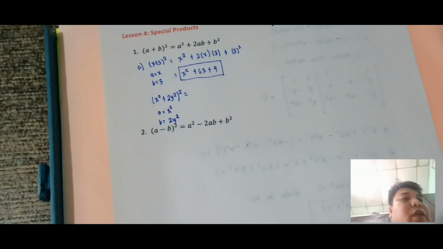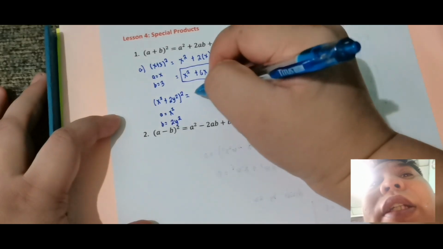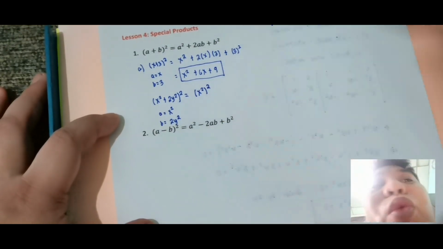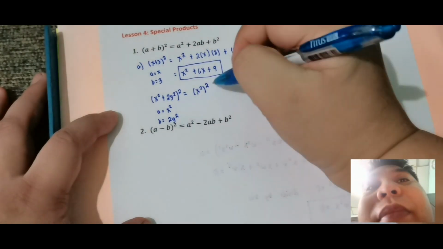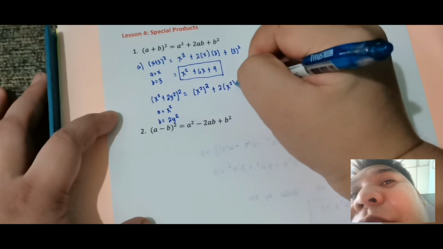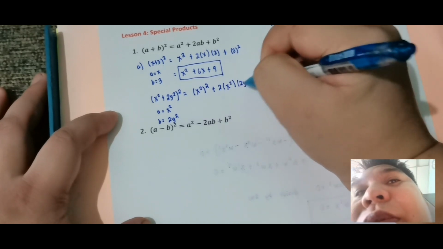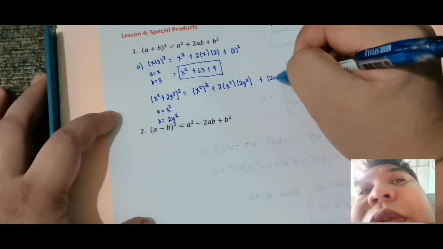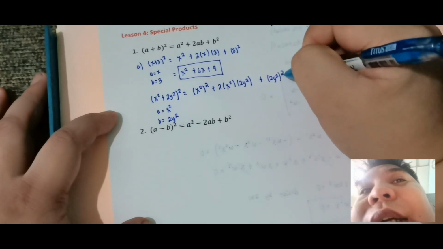Sundin sa formula a squared, that is si x squared naka-raise kay 2. Tandaan yan. Then plus 2 times si x squared times si 2y squared plus si 2y squared naka-raise sa 2.